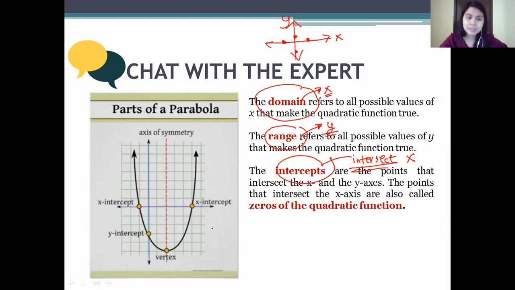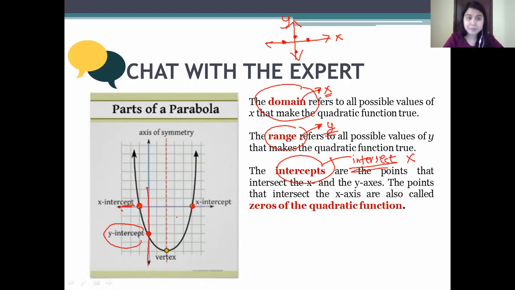So in here, this is your x axis. So these are your x intercepts. This is your y axis. So this point where the graph crosses the y axis is called your y intercept.